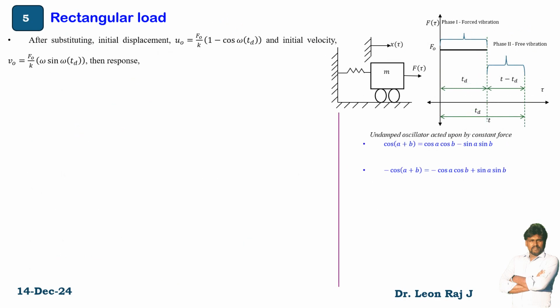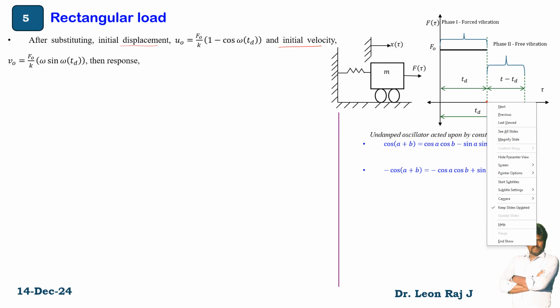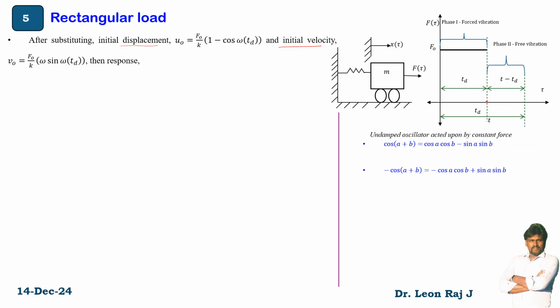After substituting the initial conditions, the initial displacement and the initial velocity, we have calculated the initial displacement. From there we have derived the response up to time t less than or equal to td.